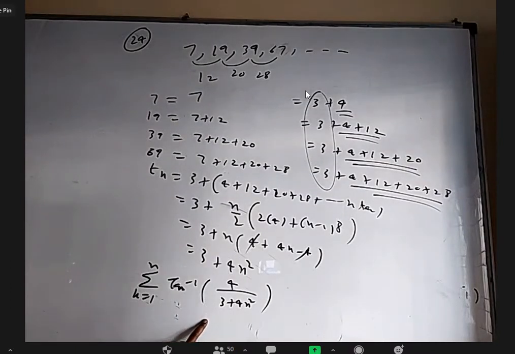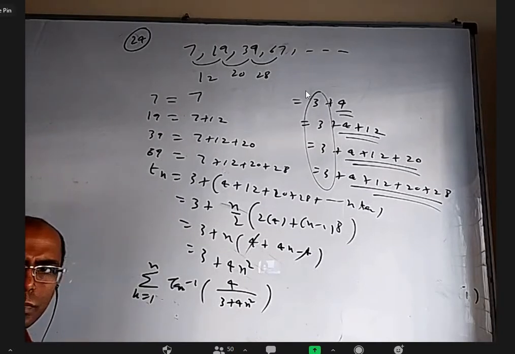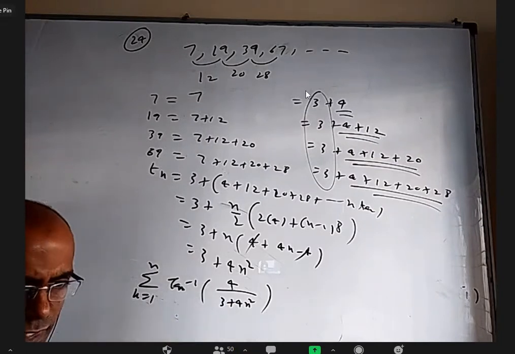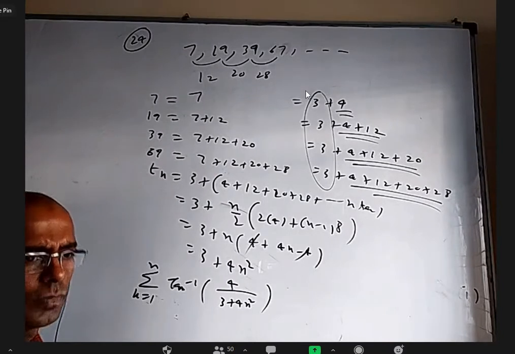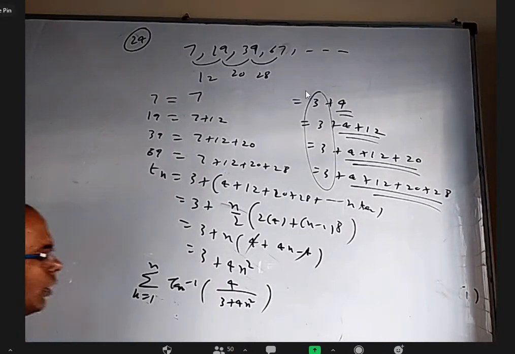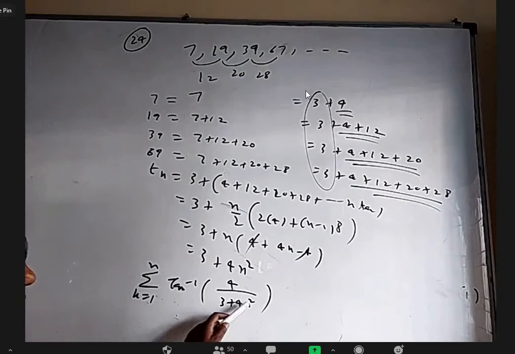So anyone want to give an idea how to proceed further? How to write in the form of (x minus y) by (1 plus xy)? So divide with 3 everywhere. Then it will become 1. What should I do with 4n square by 3?